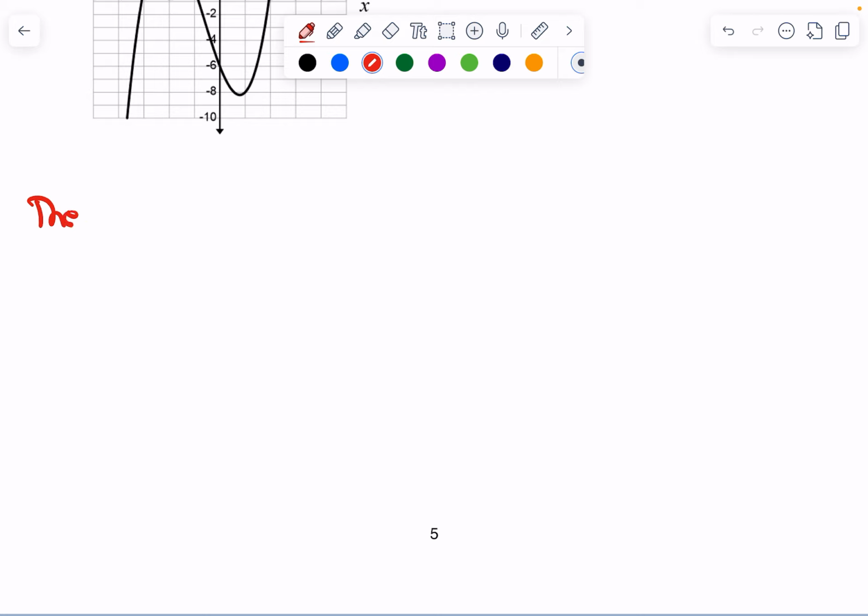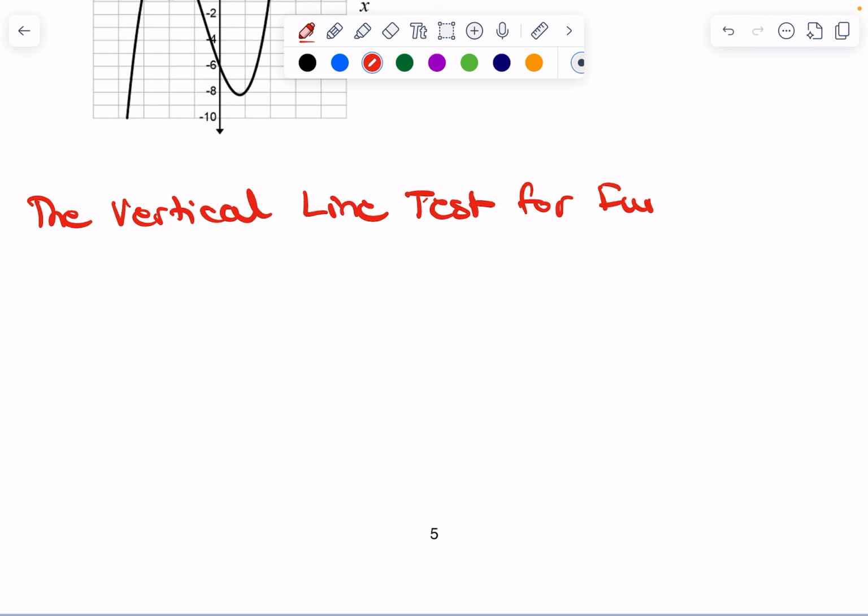So the vertical line test for functions.